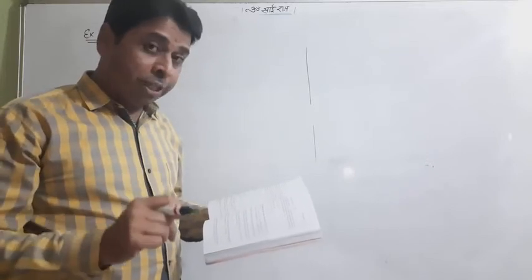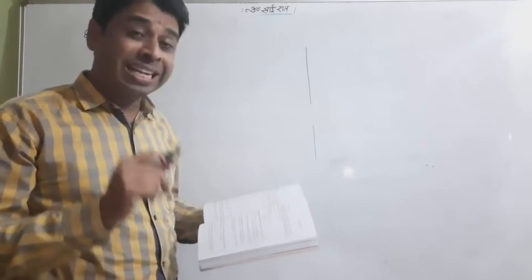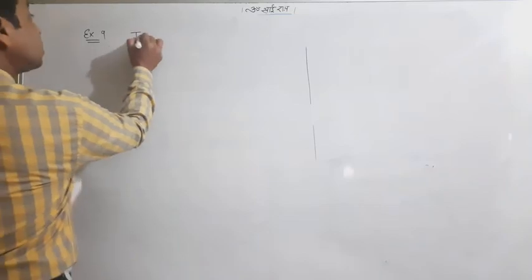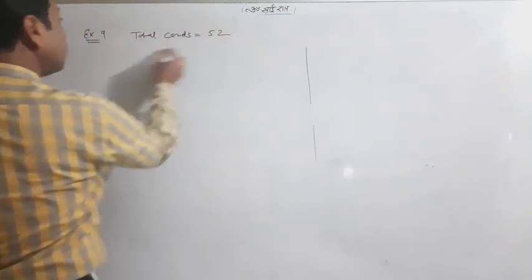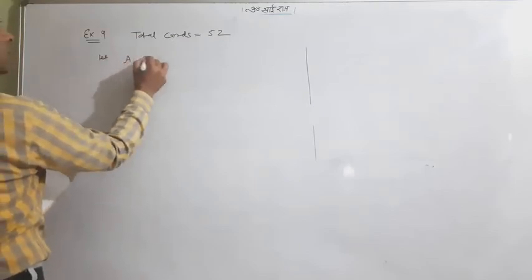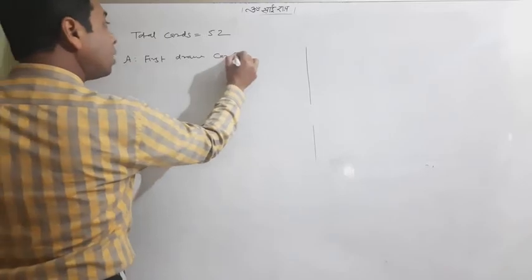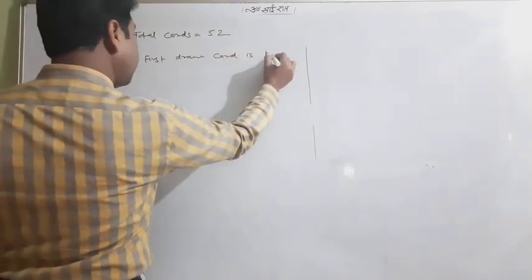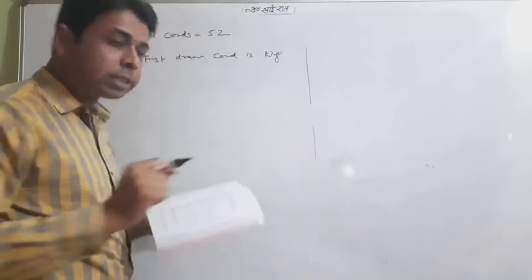What is the probability that the first 2 cards are king cards and the third is an ace card? Very simple. Total cards 52. Let A be the first drawn card is a king. First 2 cards are king cards, so first drawn is king.